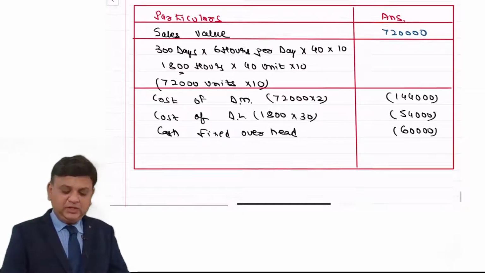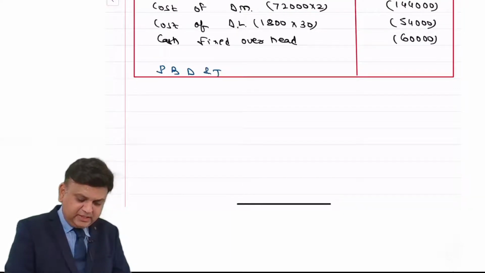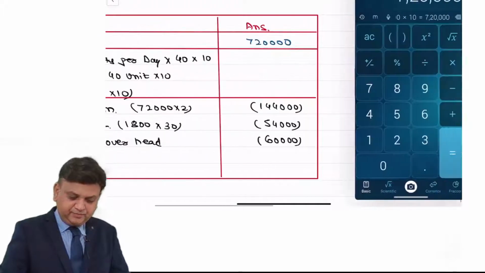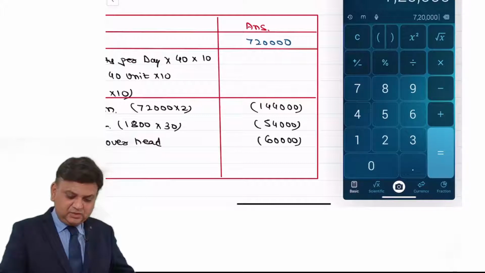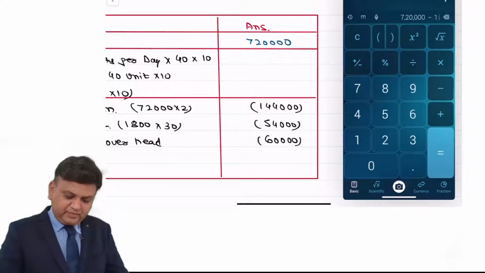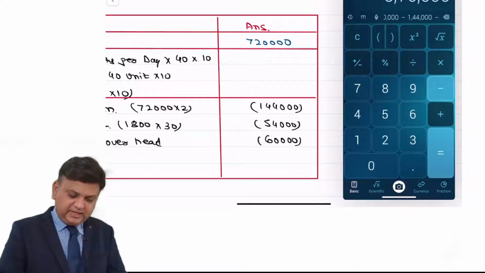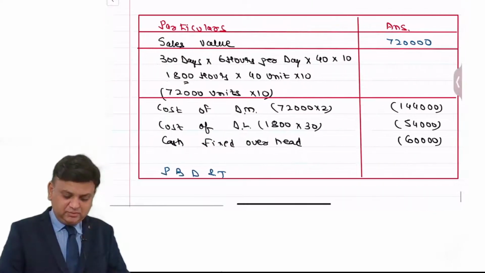From revenue, all these expenses will be deducted in order to make the calculation of profit before depreciation and taxation. So I request you to use your calculator. 7,20,000 minus 1,44,000 minus 54,000 minus 60,000. That comes to 4,62,000.